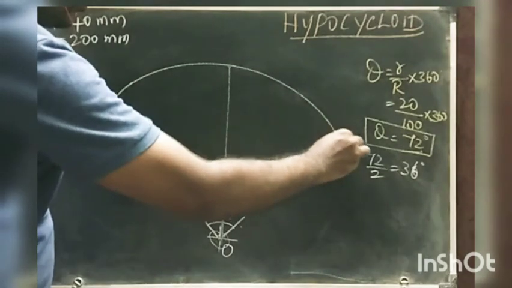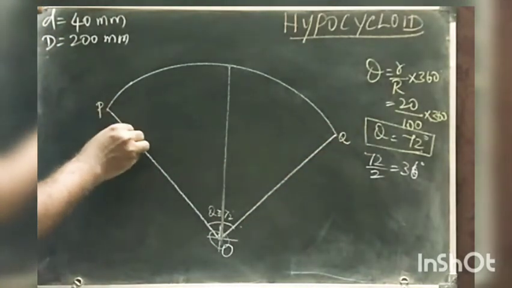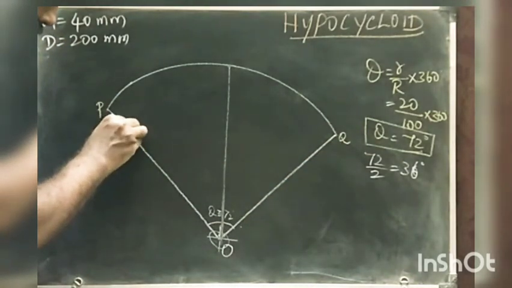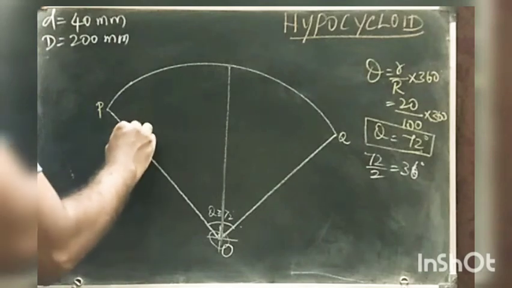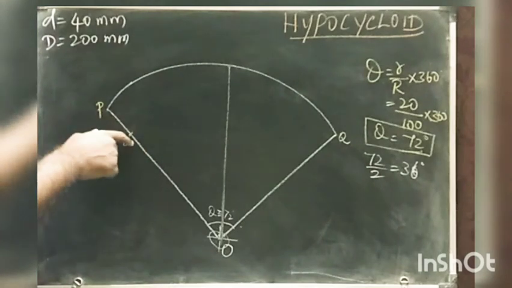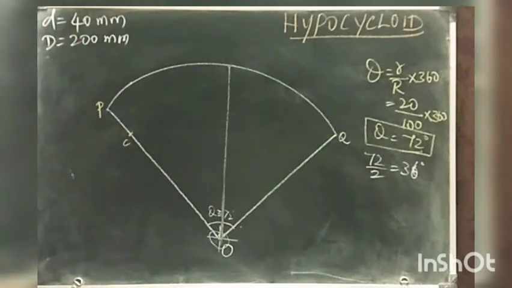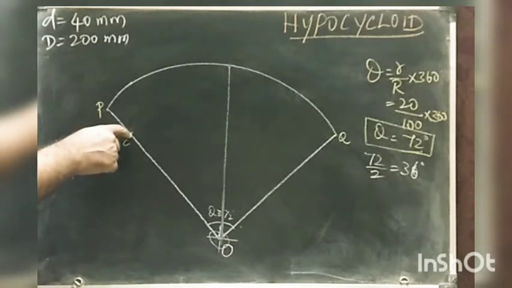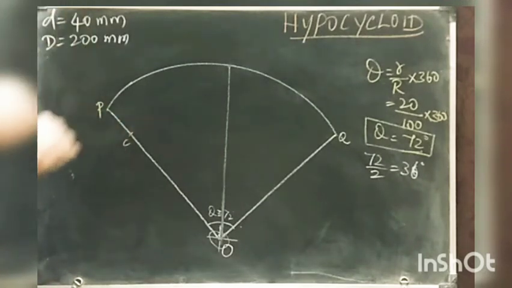and this point Q. From this point measure the distance to C and mark point C here. So PC will be equal to 20 mm. Now place your compass at the point C and take the radius of 20 mm.